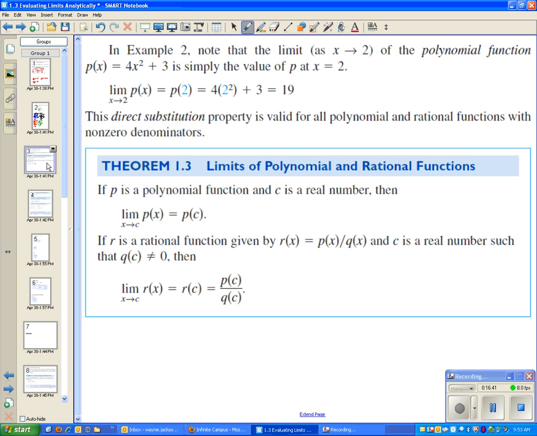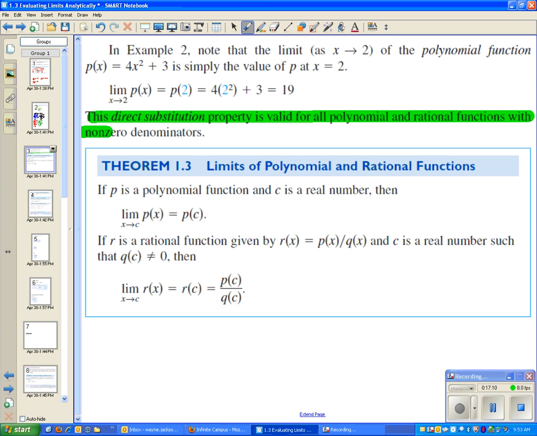All right. In example 2, which you can go back and look at here in a minute, note that the limit as x approaches 2 of the polynomial function simply turns out to be the value of that function when x equals 2. All right, and you can go back and look at it. It really does. Trust them. This direct substitution property is valid for all polynomial and rational functions with non-zero denominators. This is big.